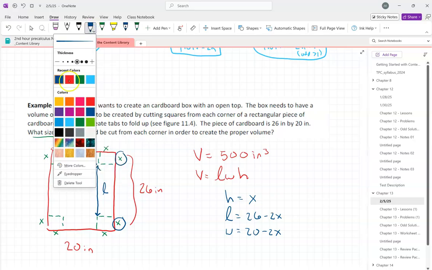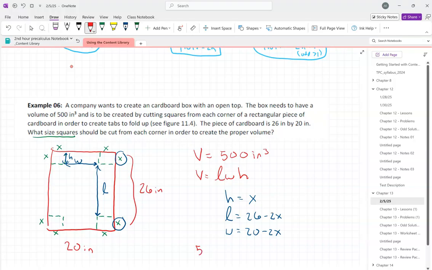So the equation we're going to solve: I know the volume needs to be 500, and that's going to be length in terms of x, times width in terms of x, times height in terms of x. Does everybody feel good there?